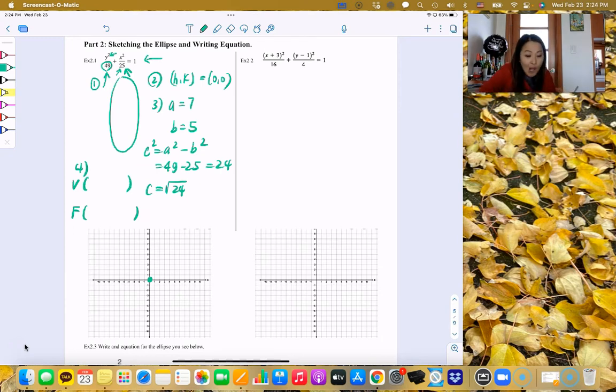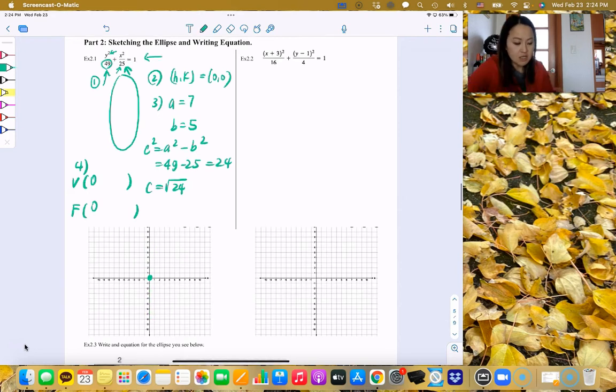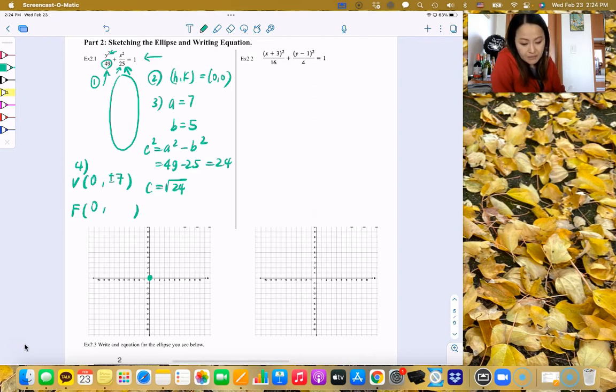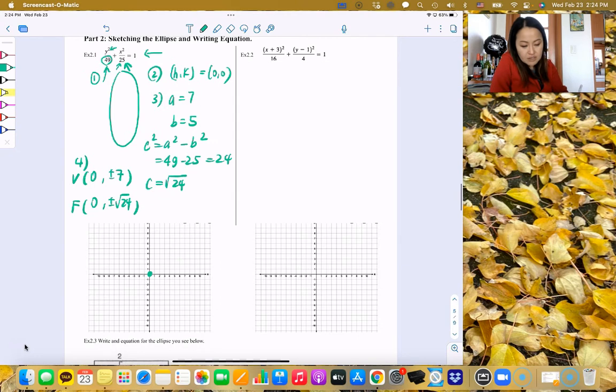We know for sure that our x coordinates are not affected, but our y coordinates, our k, are, because it's going to go up and down. So it's going to go up how much for the vertex? It's going to go up and down 7. And for the foci, it's going to go up and down root 24.